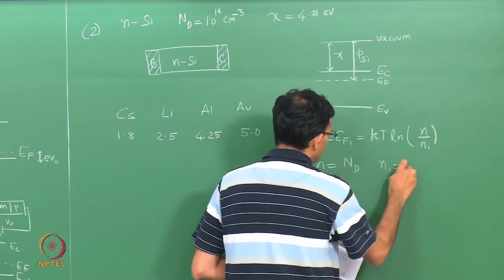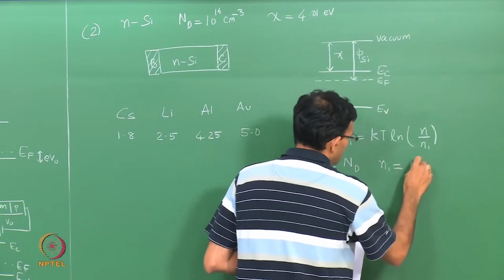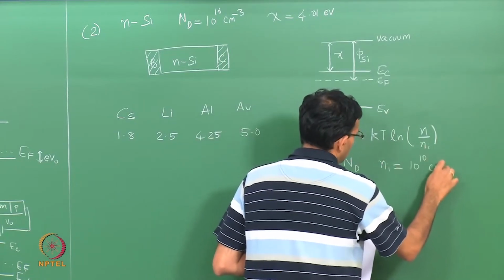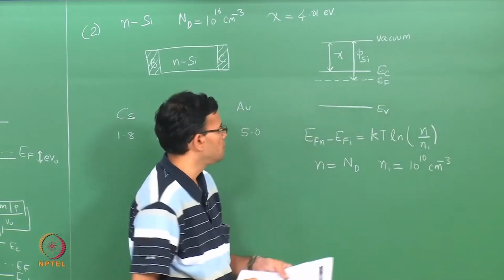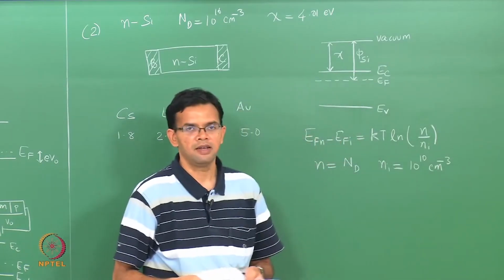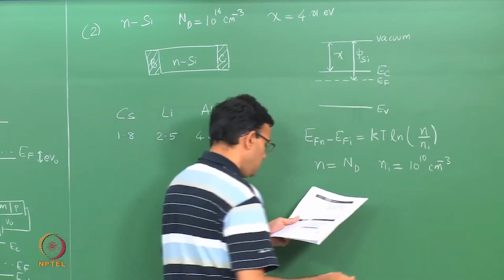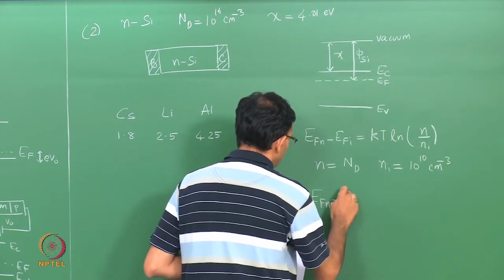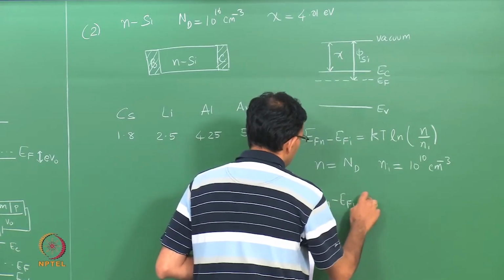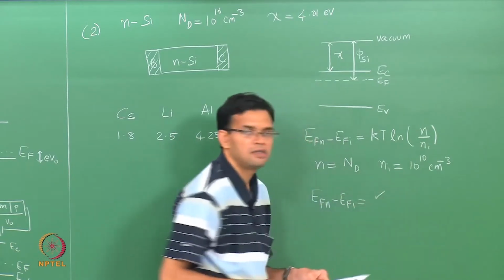Ni for silicon is given, and we also saw this during the previous assignment, it is nothing but 10 to the 10. From this we can calculate the value of EFI minus EFN. So, EFN minus EFI we can calculate.